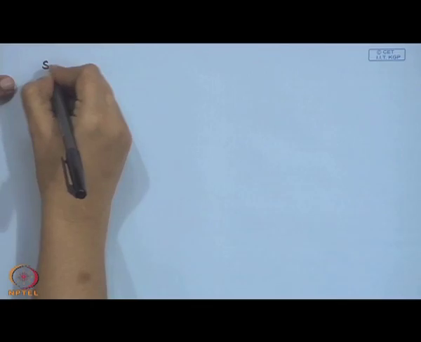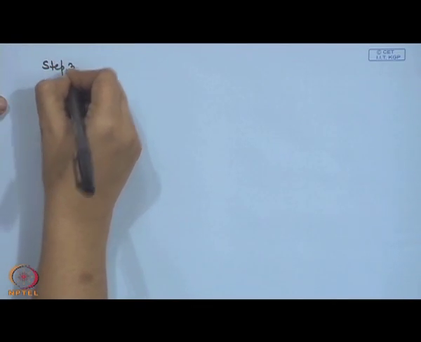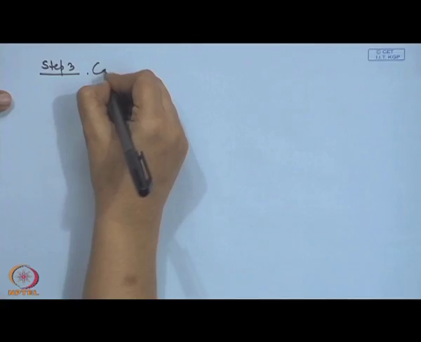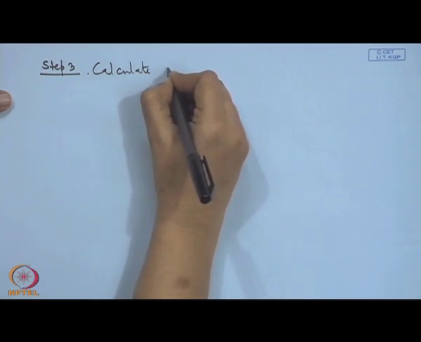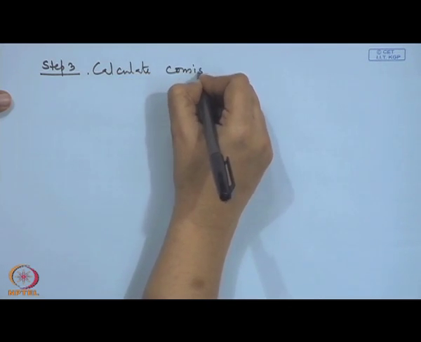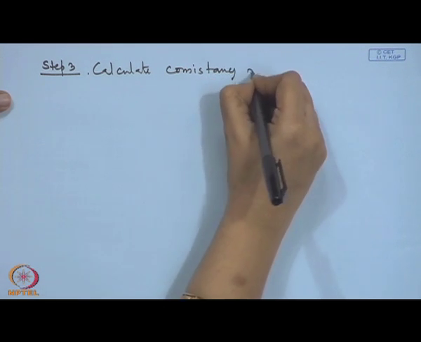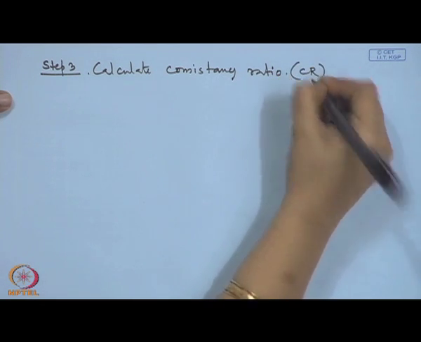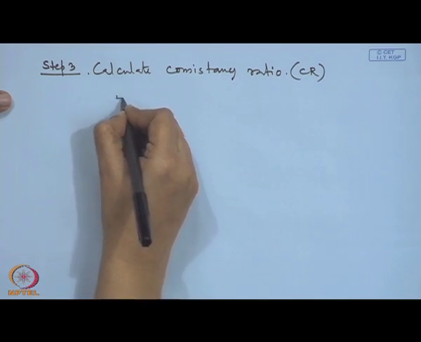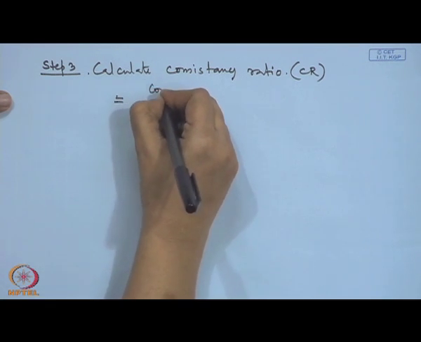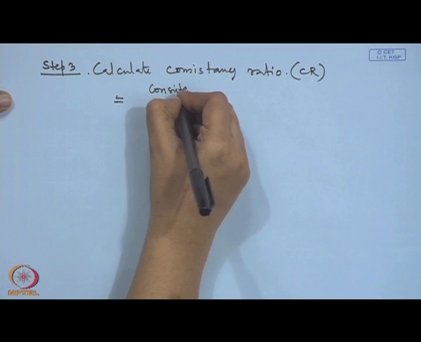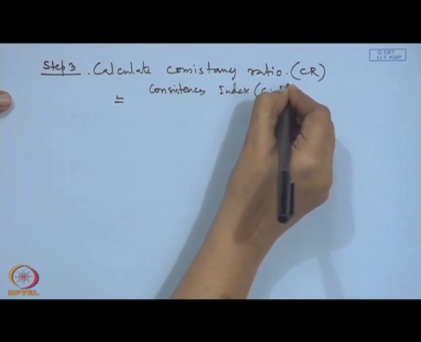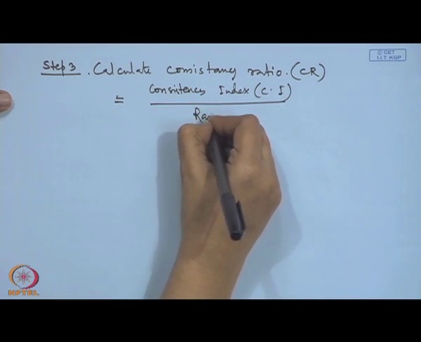Now, the next step, step 3, is that we are determining the consistency ratio. And this is being calculated as consistency index divided by random index.